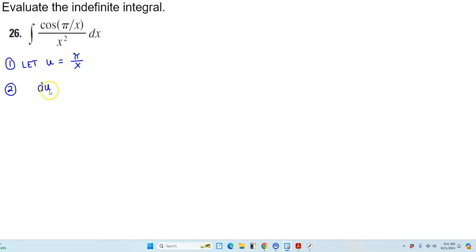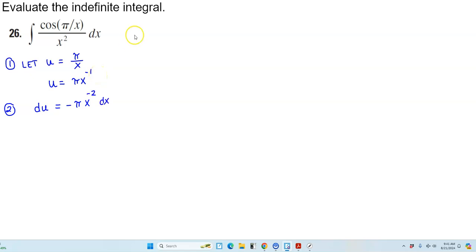We're going to rewrite this as u equal to pi times x to the negative 1 power, because we're going to take the derivative of that. So for step number 2, we're going to have du equal to negative pi x to the negative 2 dx.